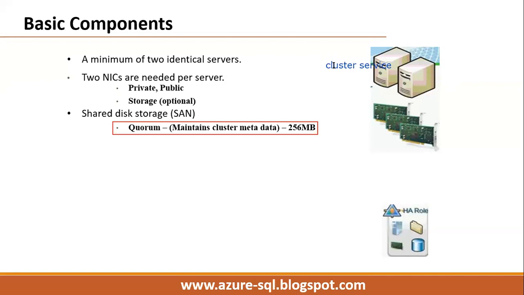This cluster service uses the quorum drive to identify how many nodes are in the cluster, which is the active node, which services are clustered, which is the shared disk store, and what other drives are there in the SAN. That complete information is verified by the cluster service by using this quorum drive.